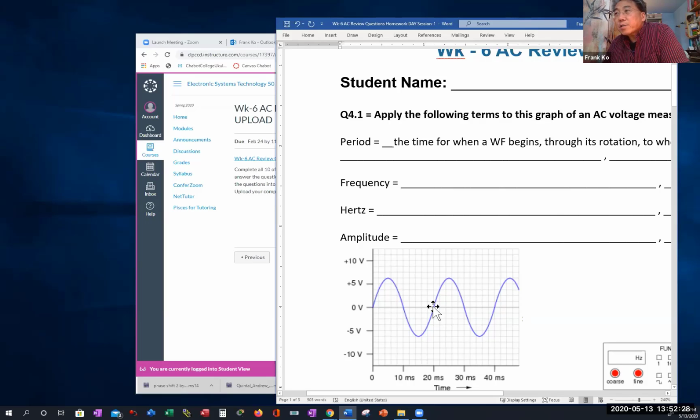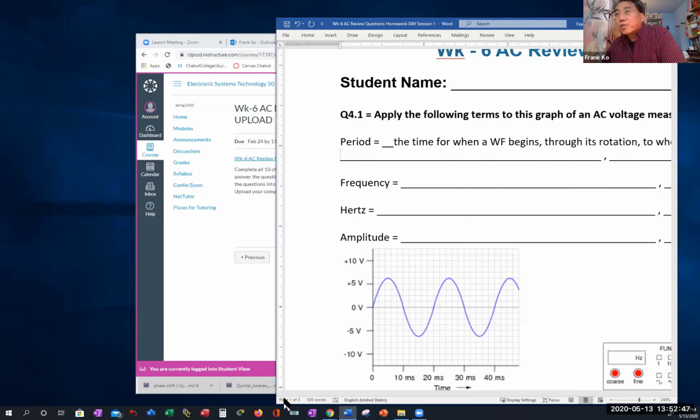So your task is to determine what is that time. And you can see that happens to align with 20 milliseconds, yes? So what everybody should have as a time answer would be 20 milliseconds.